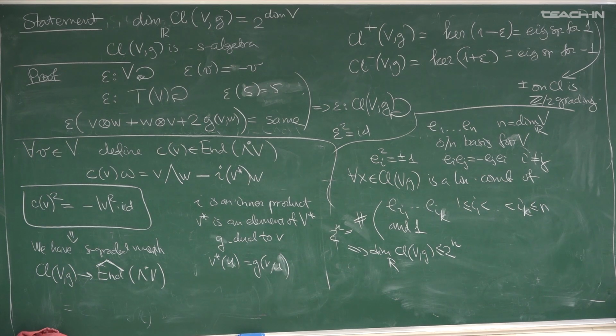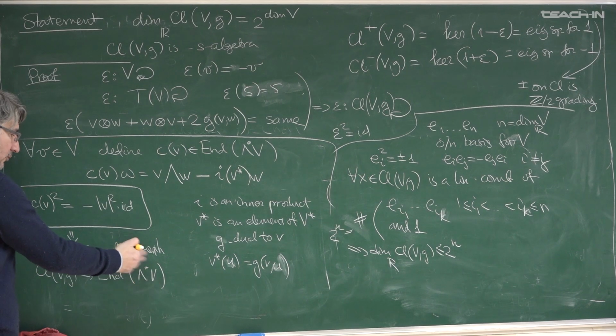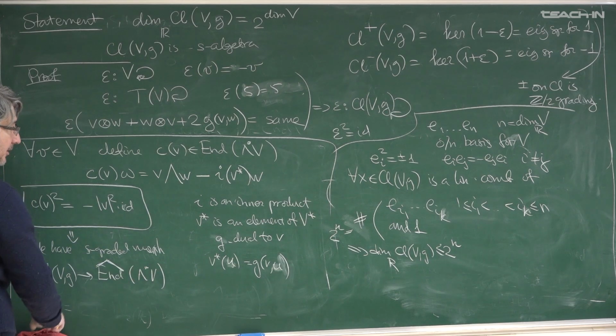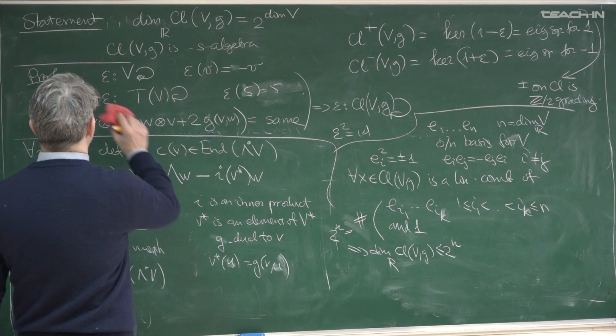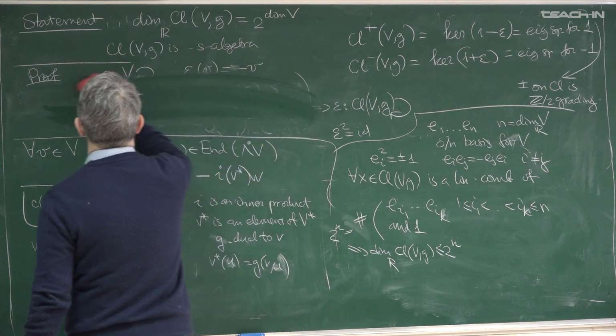Very good. So any element here defines an endomorphism of the exterior algebra. So we finish the proof by a very simple trick.